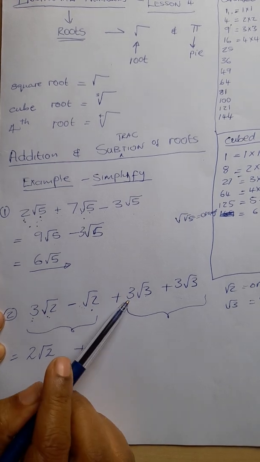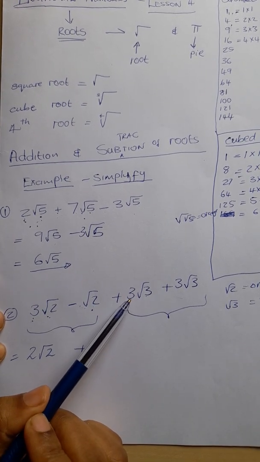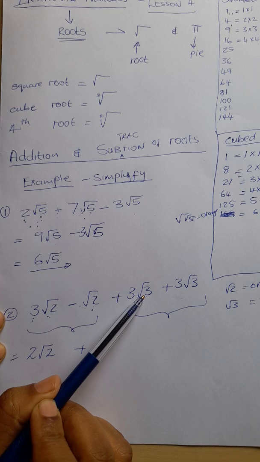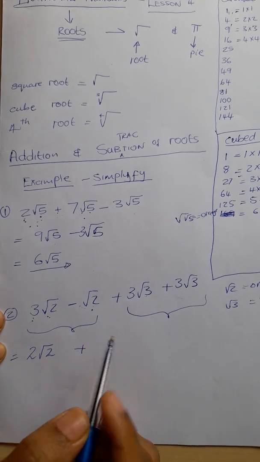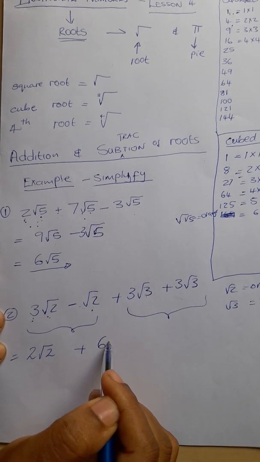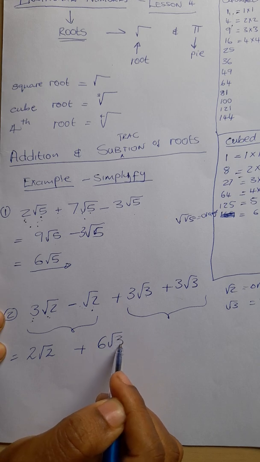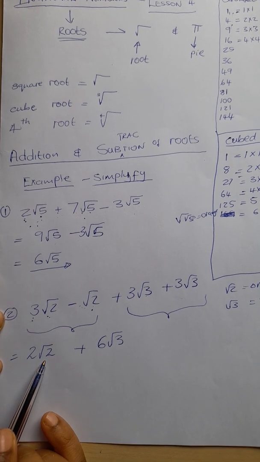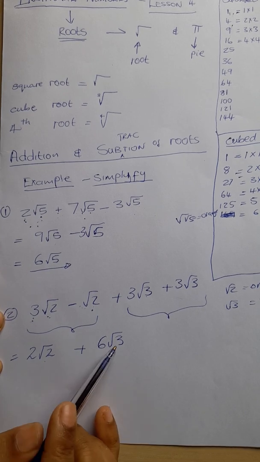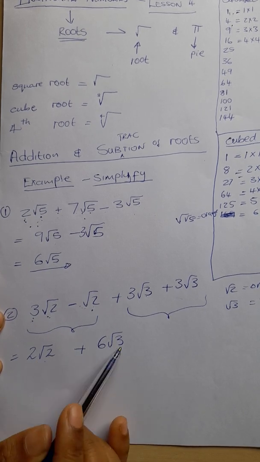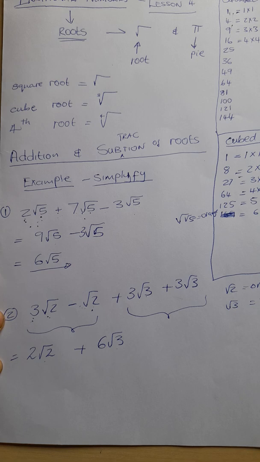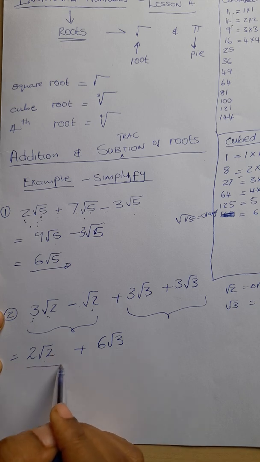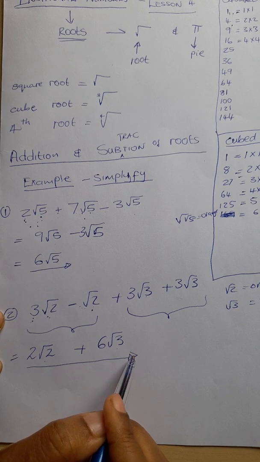Plus, now I come here, I have 3 apples plus 3 apples. What will I have? 6 apples. And my apple is square root of 3. And now I have the square root of 2 and the square root of 3. These are not the same. I cannot add them. So my answer will end here.